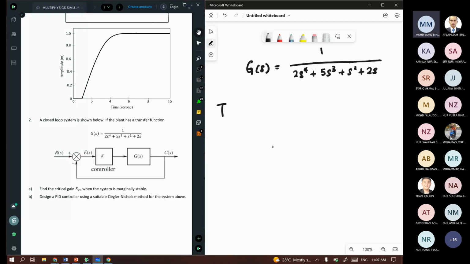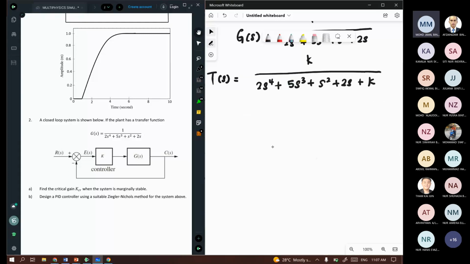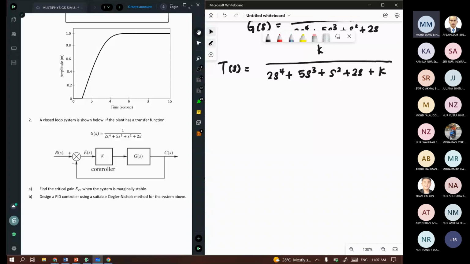So closed loop transfer function equals, okay, and then take the denominator and generate the Routh array table.